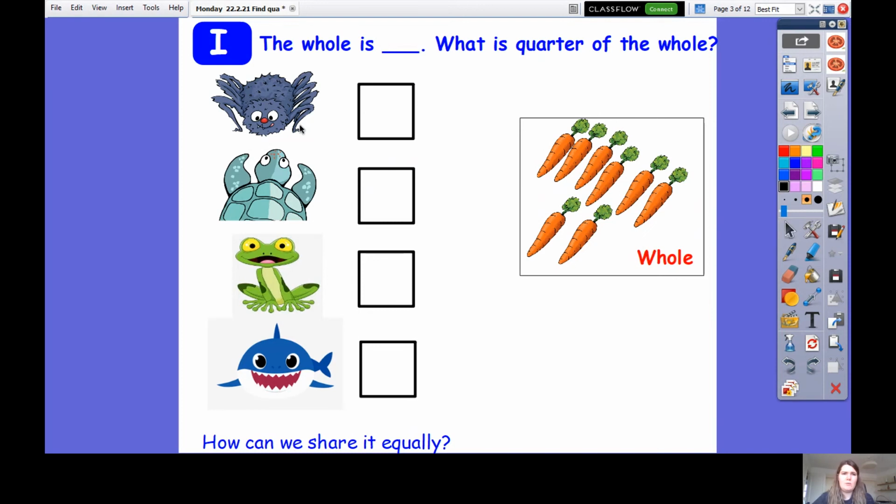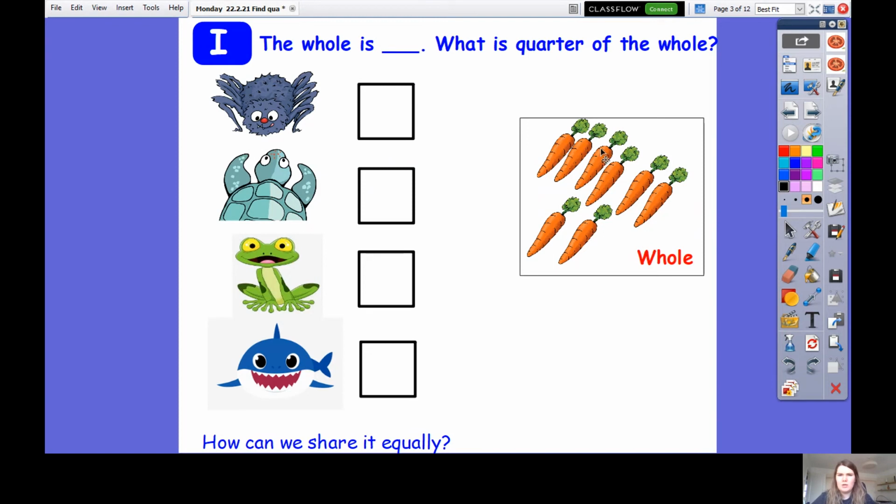Okay, this time we've got the spider, the turtle, the frog, and the shark, and they all want some carrot, and they want it shared equally. So we have to make sure that we're sharing it into 4 equal parts. We're sharing our whole number into 4 equal parts. So I'm going to count how many carrots I have.